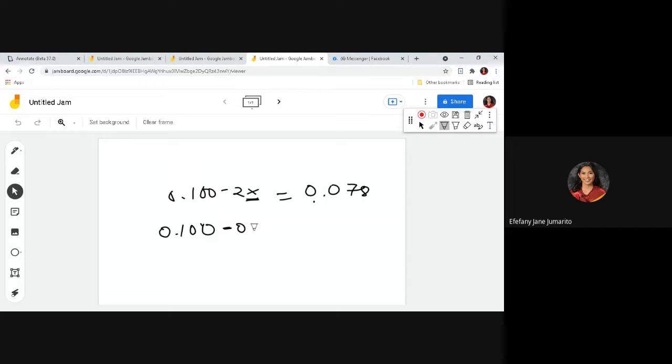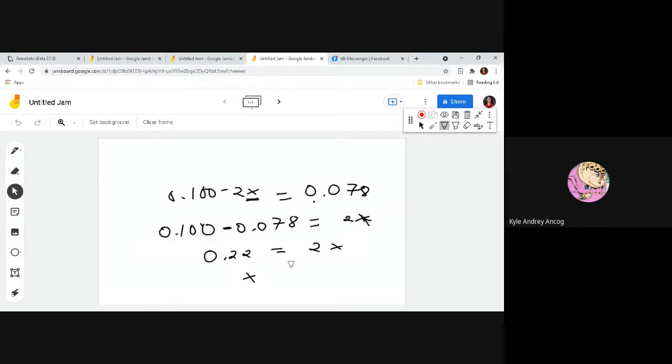Okay, so now, pila value ani, class? 0.100 minus 0.078? 0.022, ma'am. 0.022, that is equal to 2x.